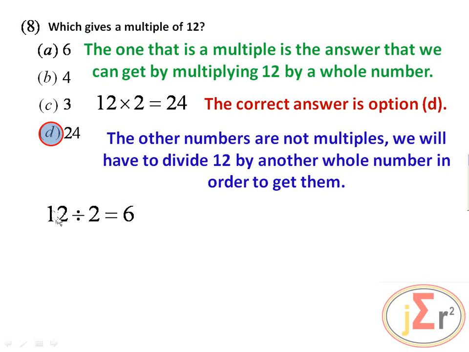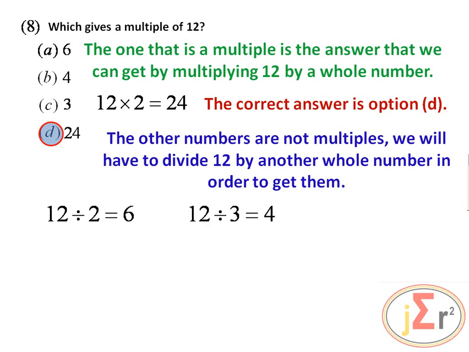When we divide 12 by 2, the result is 6. So 6 is a what of 12? What do you say, Jerry? Factor. Right. So 6 is a factor of 12.